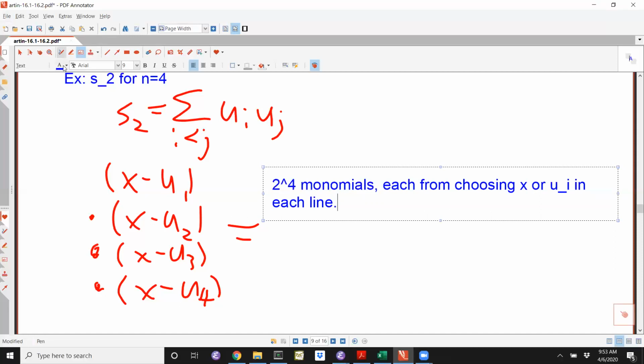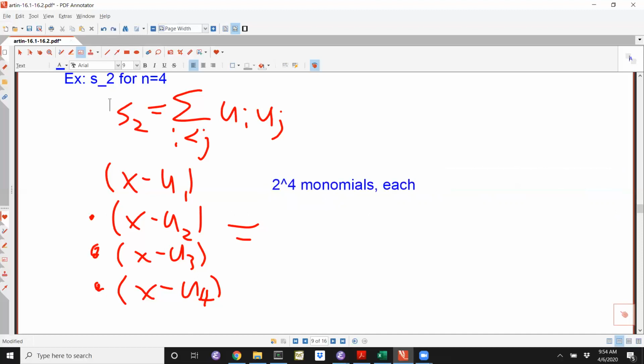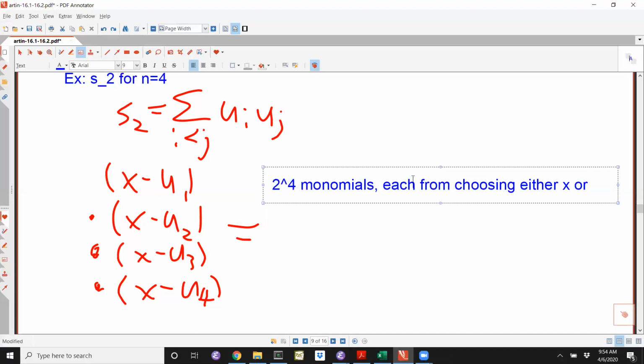So if you pick, for example, each from choosing either x or u sub i in each line of the product over there.